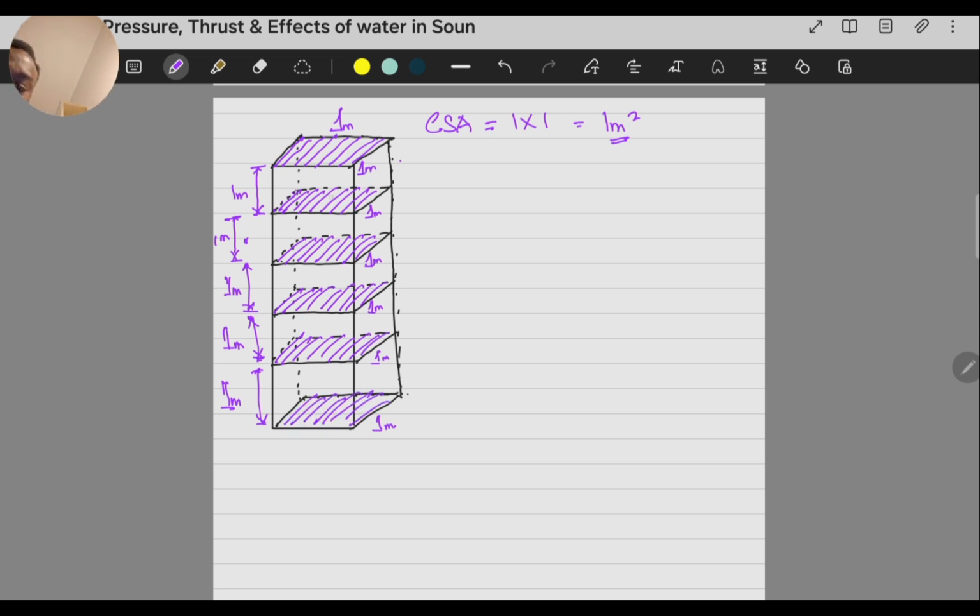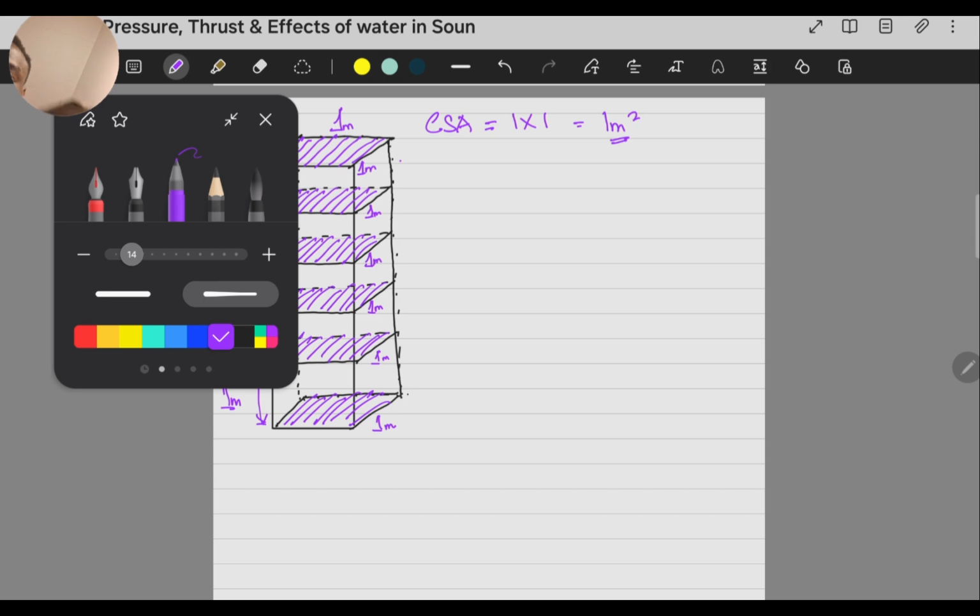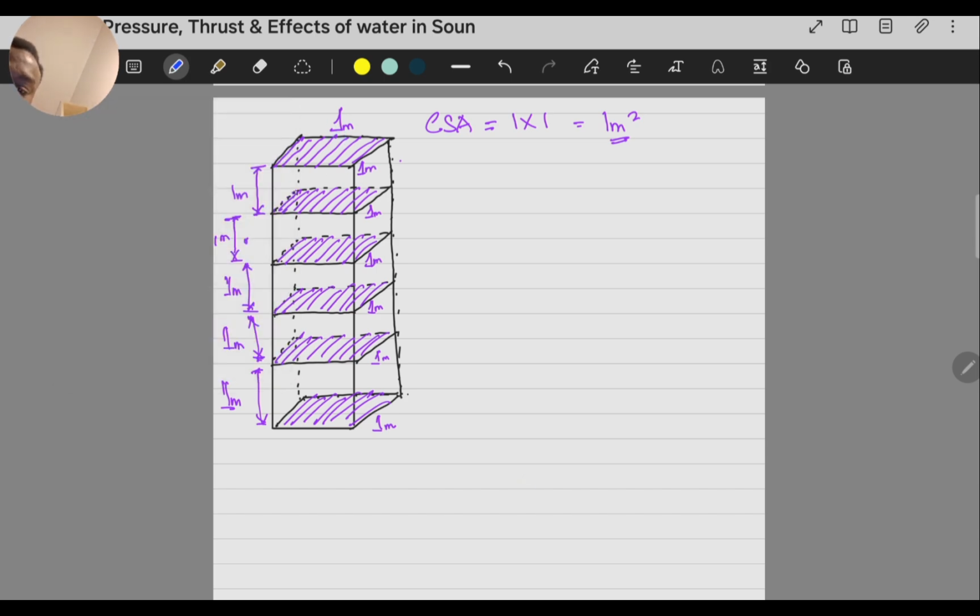So we have 1 box, 2, 3, 4, 5, and I can call this plate A, plate B, C, D, E, and F. So we know that the plates are 1 meter away from one another, and that it's a square plate, which means the area is 1 meter squared.